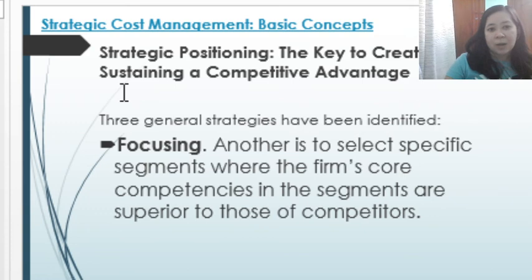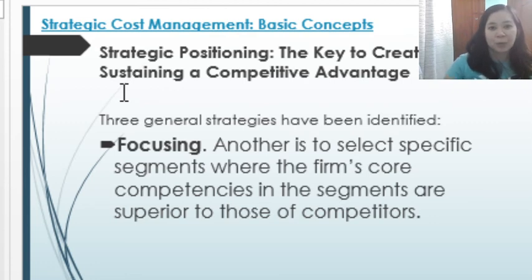So another is to select also specific segments where the firm's core competencies, okay, in the segments are superior to those of the competitors. So normally, when choosing the target market, you also have to make sure that you have the capabilities and it is your strength that will be used so that sales and profit will surely be generated.